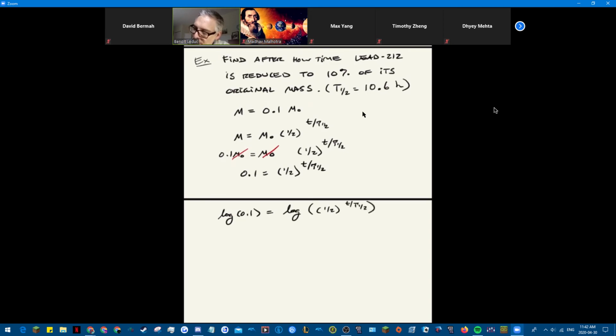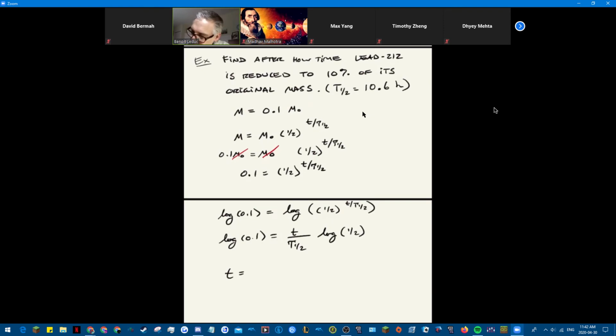And then what happens when you do log? Of course, it comes back down. Very good.